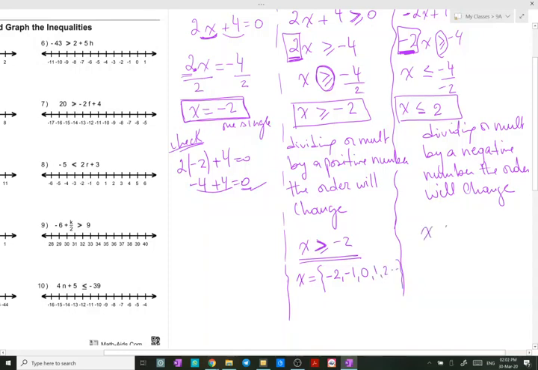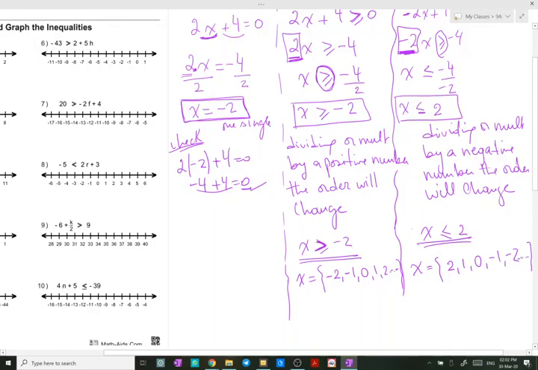For x less than or equal to 2, x can take the values less than or equal, so it's 2, 1, 0, minus 1, minus 2, and so on. These three dots express that it's an infinite set.